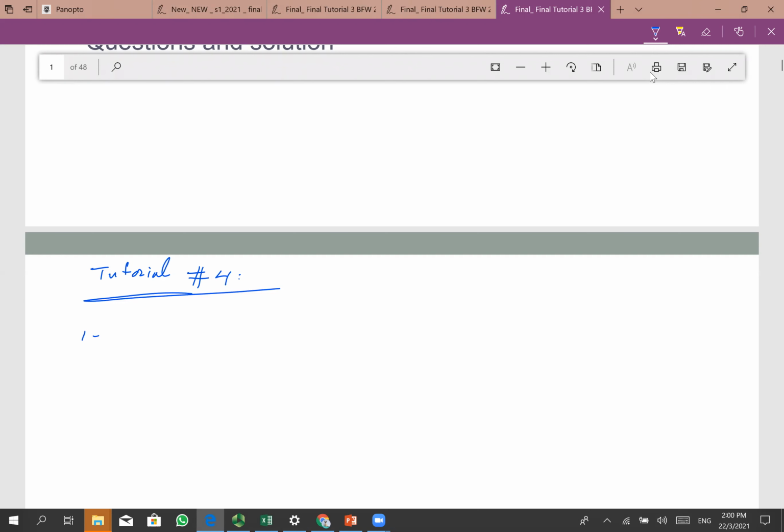One, something I didn't discuss in the lecture, which is the difference between financial institutions and non-financial institutions balance sheet structure.